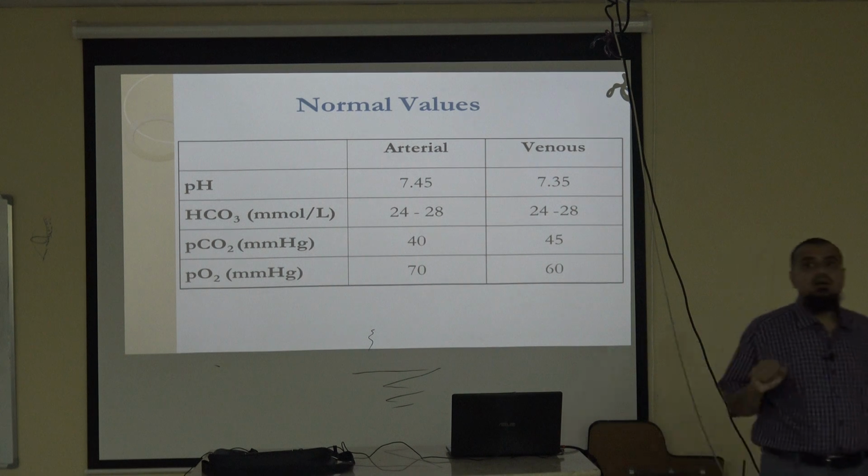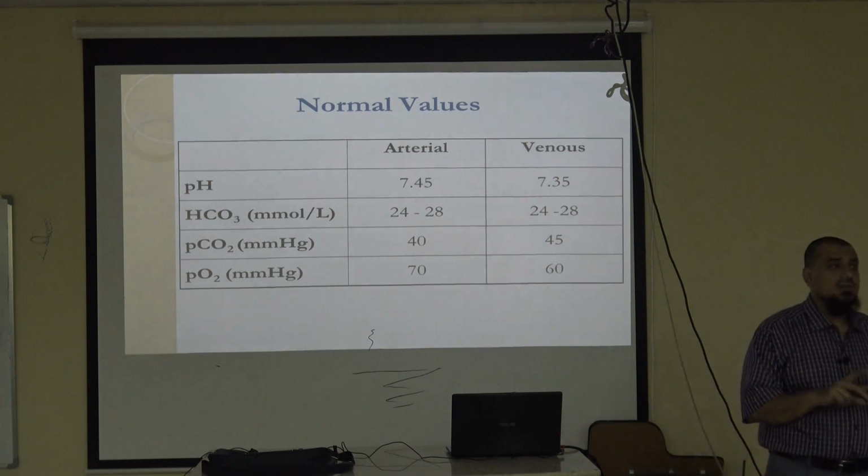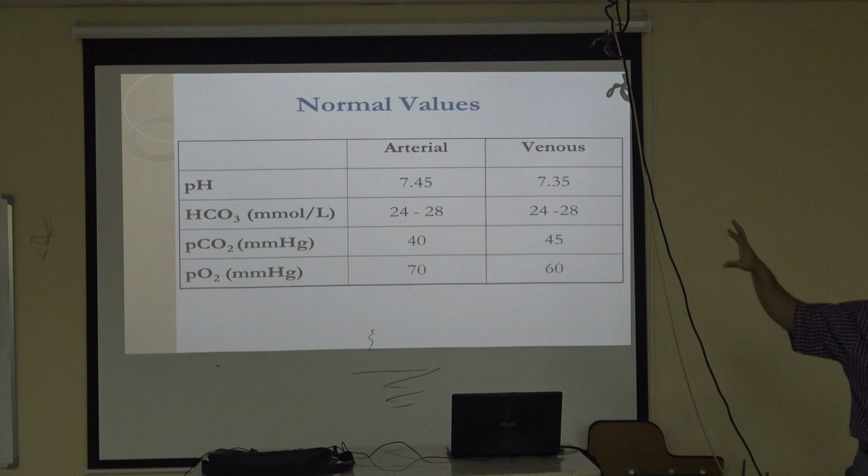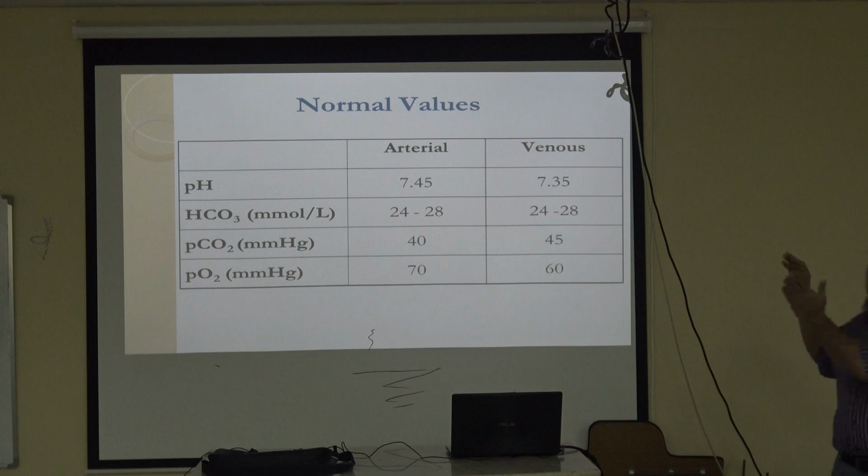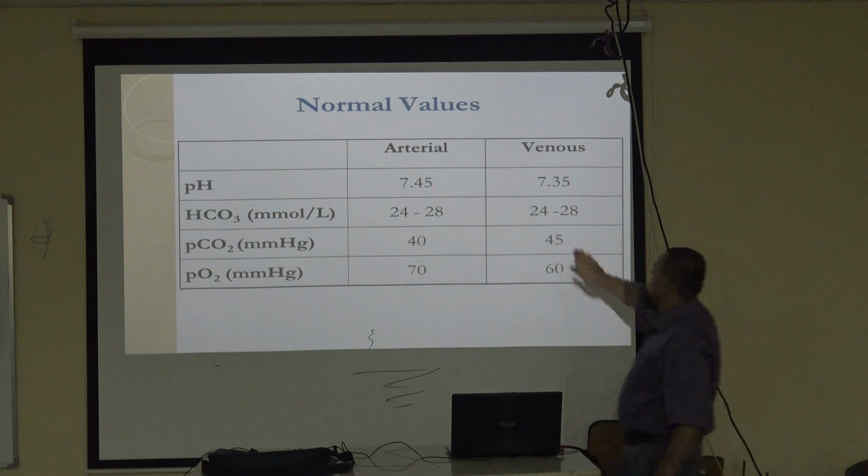Now please, whenever you see a table like this which contains these four values, this is called arterial blood gas. This report is called arterial blood gas.